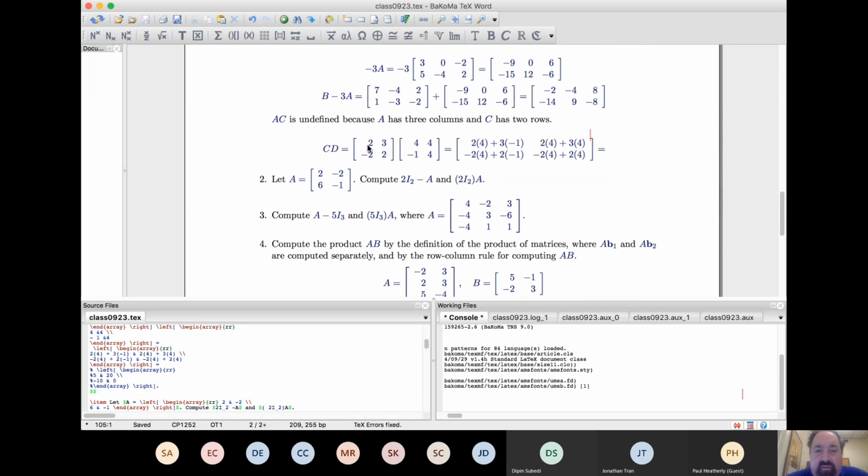So first, I'm going to go across the first row and down the first column. And you're multiplying corresponding entries. So I have 2 times 4 plus 3 times -1. So again, go across the row, down the column. And because it's the first row here and first column here, all of that goes into the 1, 1 entry here.